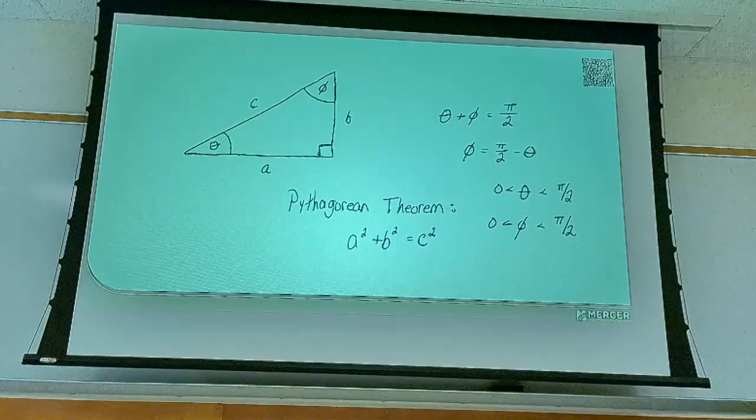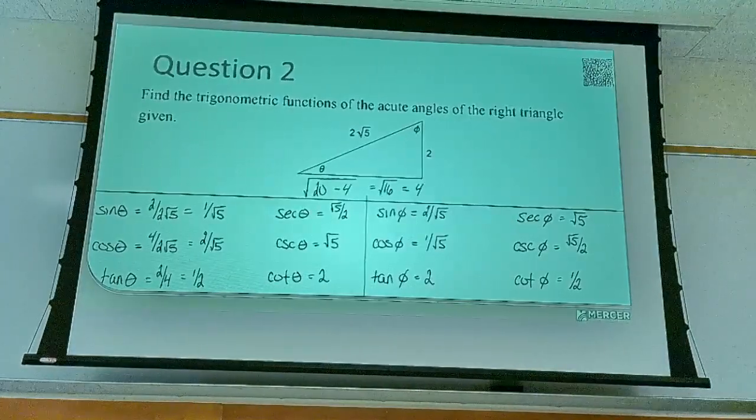Right triangle trigonometry is only valid for acute angles, which means quadrant 1. So you can't use this technique for non-acute angles. Actually, you can if you're clever, and we'll see situations of that, I believe.